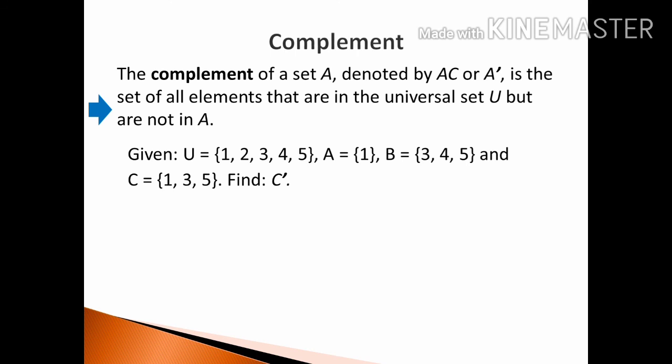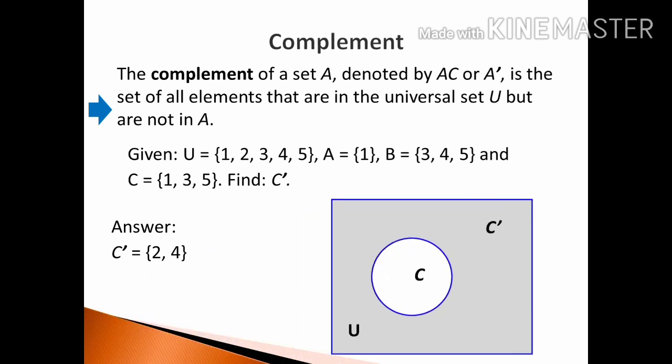By completing set C, we go back to the universal set. Since set C has elements 1, 3, 5, we need to complete them from the universal set, so we have 2 and 4. So the answer for C prime, or the complement of set C, is 2, 4.